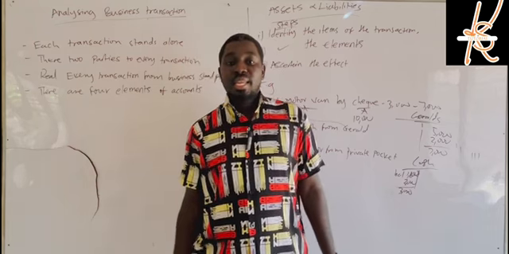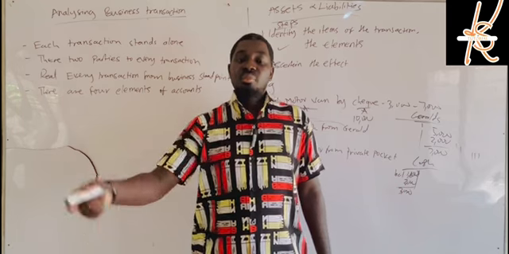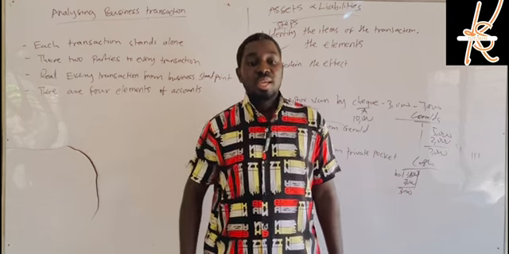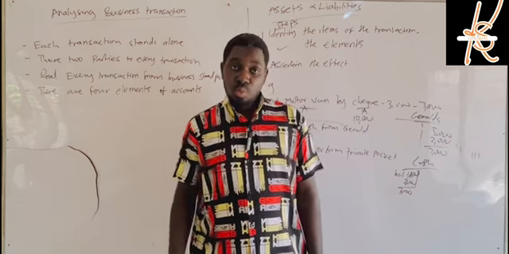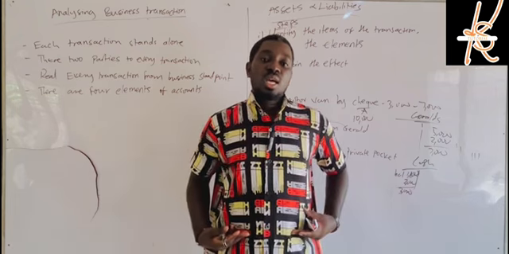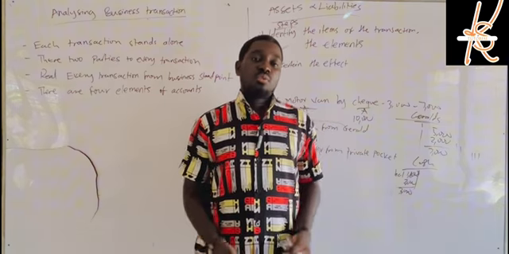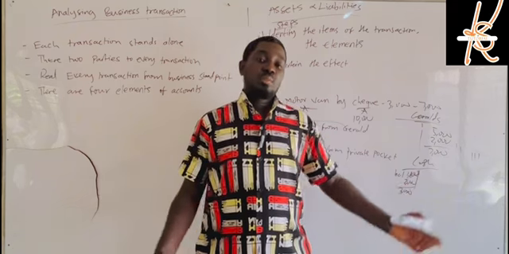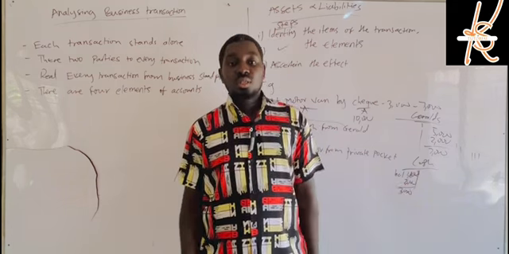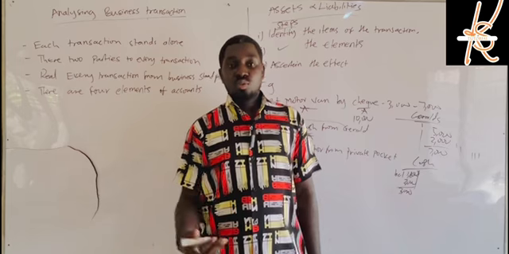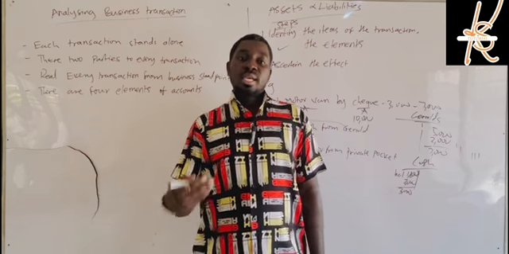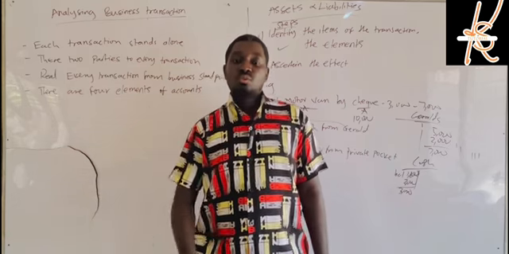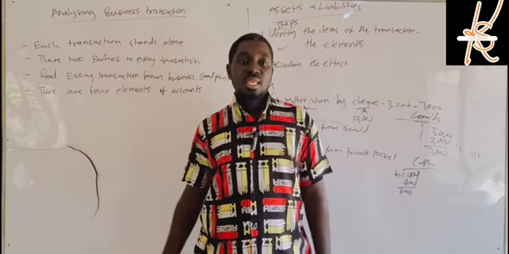We are owing someone, and the proprietor has gone to pay the person from his own pocket. So I am the owner, and I've gone to pay someone the company is owing. The company that I own is owing someone, and then I've gone to pay that money.